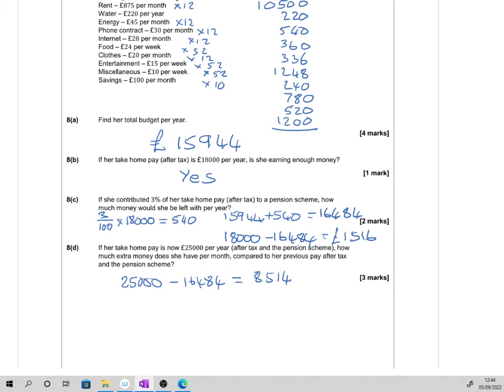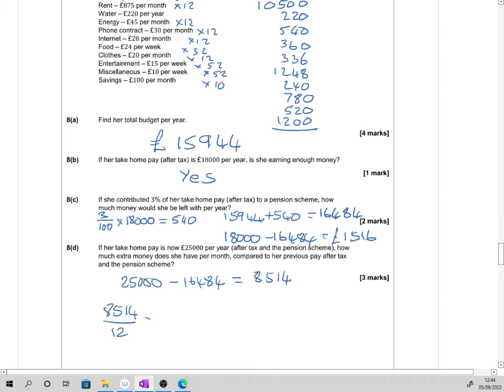That's per year. Per month, right? So 8,516 divided by 12, which means she's got £709.60 per month.